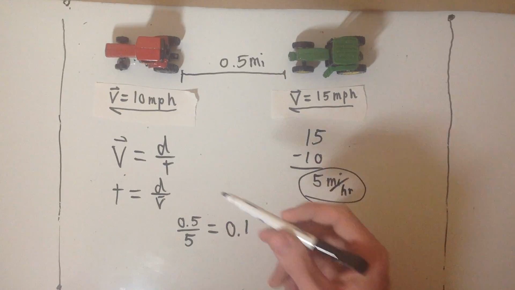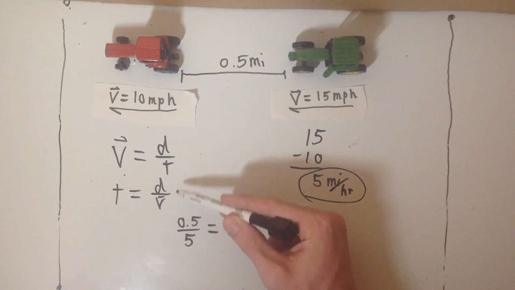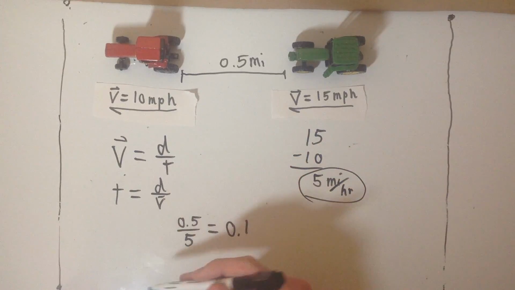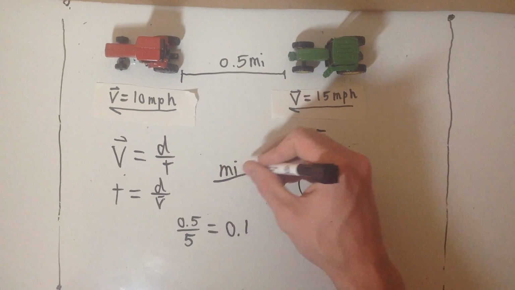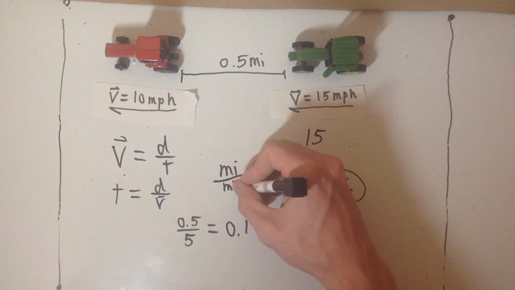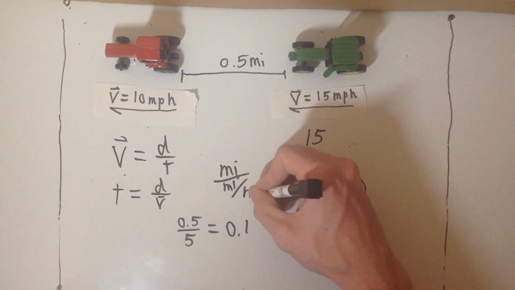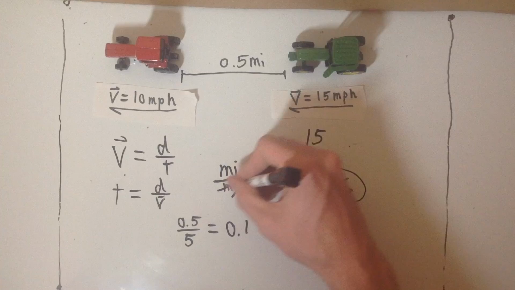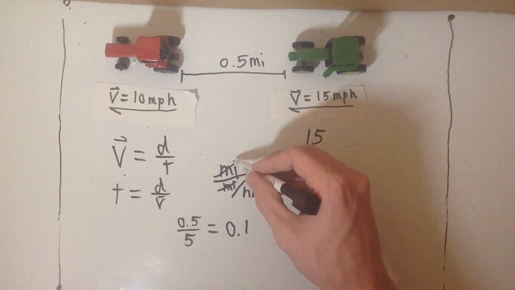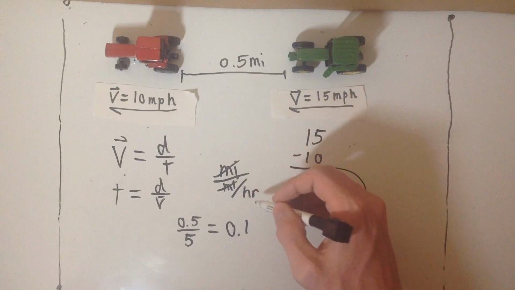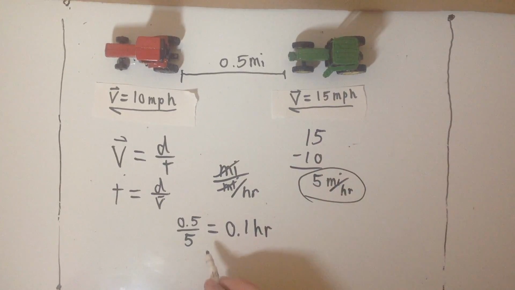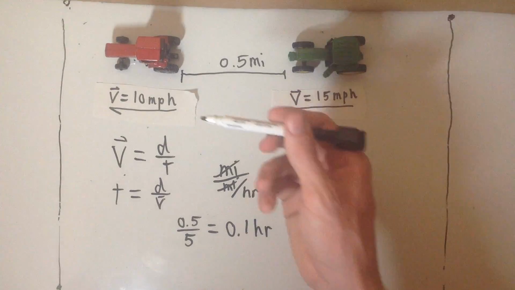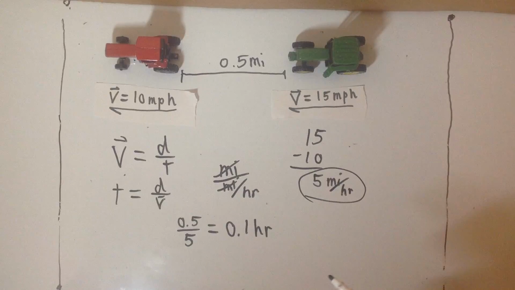The miles cancel out, we have 1 over 1 per hour, which becomes hours. So in 0.1 hours, these two tractors will collide with each other.